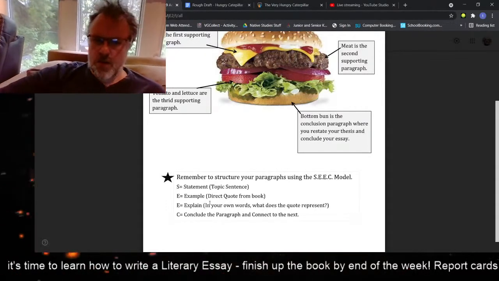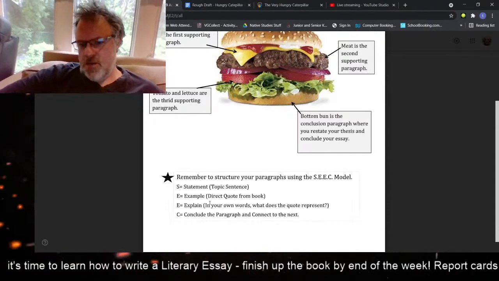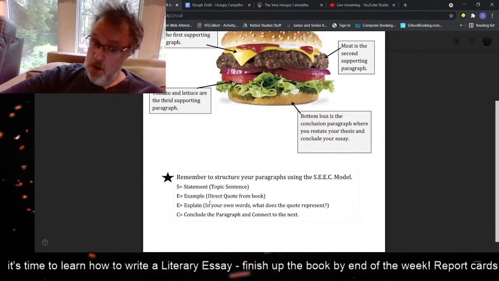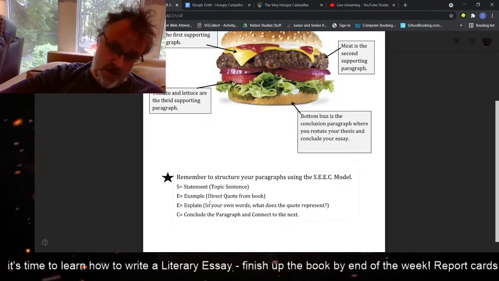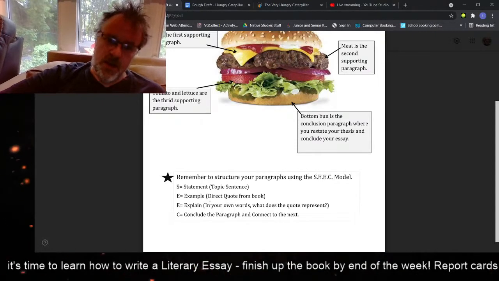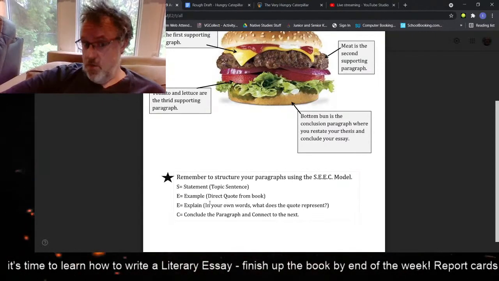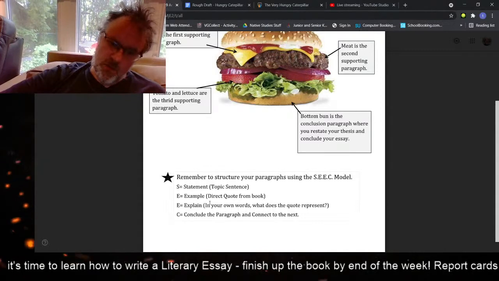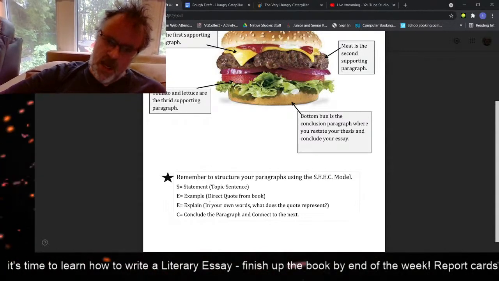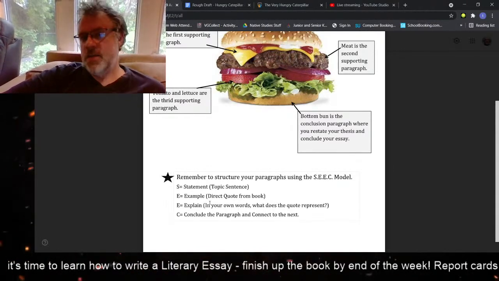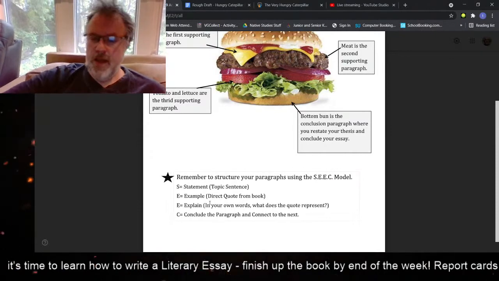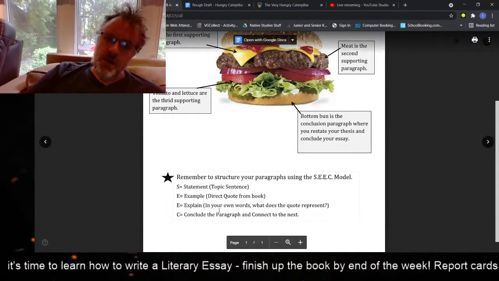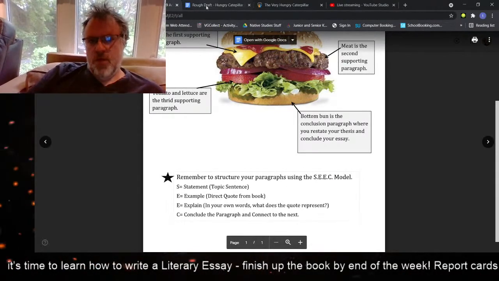Okay, so remember to structure your paragraphs using the SEEC model. You make a statement, a topic sentence. You give an example, which is a direct quote from the book. You then explain in your own words what does that quote represent, and then you conclude the paragraph and connect it to the next. Okay? So I'm just going to leave this open here so that I can keep referring to it.